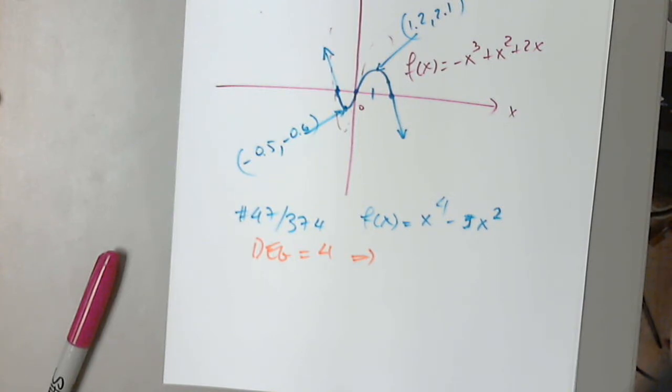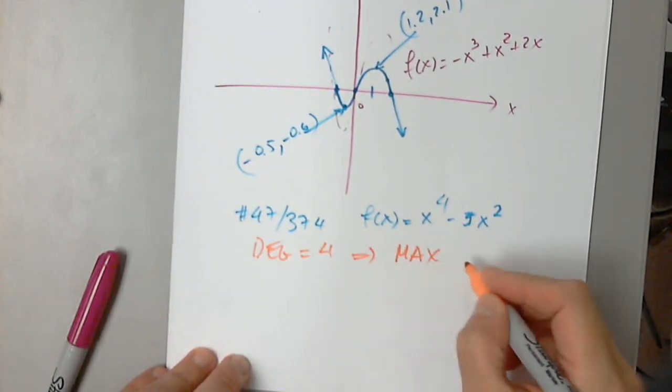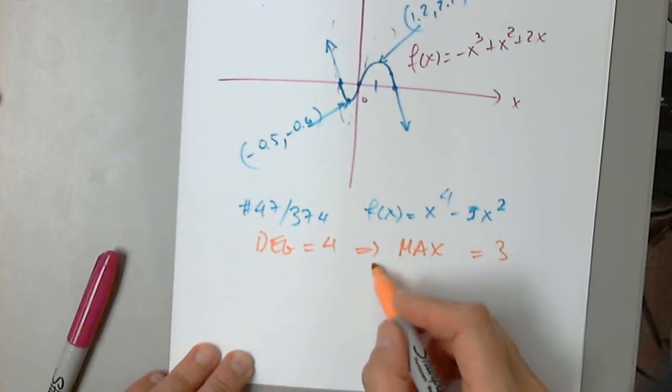But there's no turn in x cubed. X cubed is always increasing. Although it could have maximum 2, it has none. So the point I'm making is the number of possible turns doesn't have to be attained. It cannot have more than 2. That's all it says. So in this case, degree is 4, max possible number of turns 3.